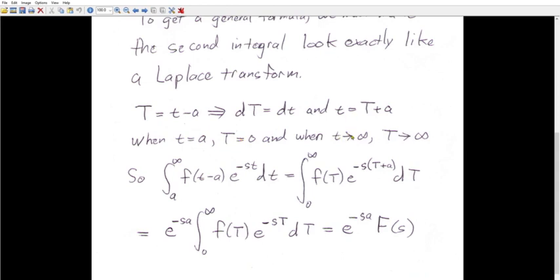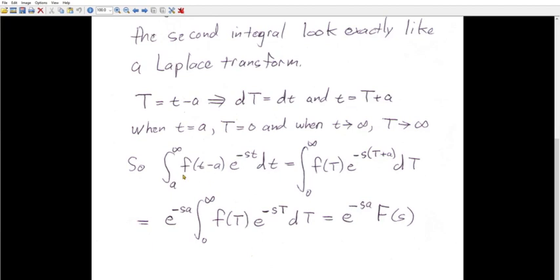And when little t goes to infinity, so does big T, because it's just little t minus a. So the integral that we have transforms to the integral from 0 to infinity of f(T) e to the minus s. Now remember that little t is T plus a, so we just shove that in there.